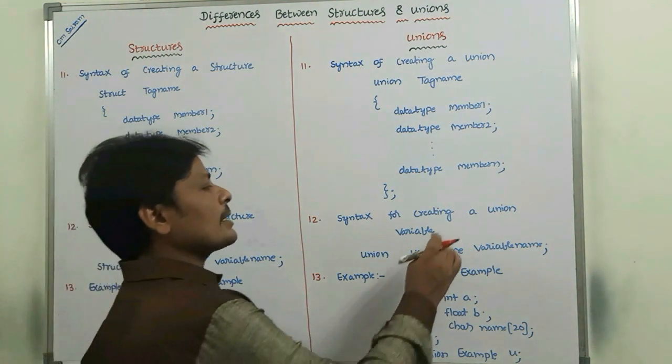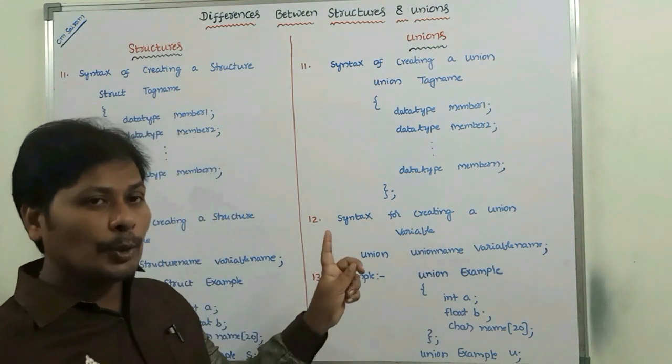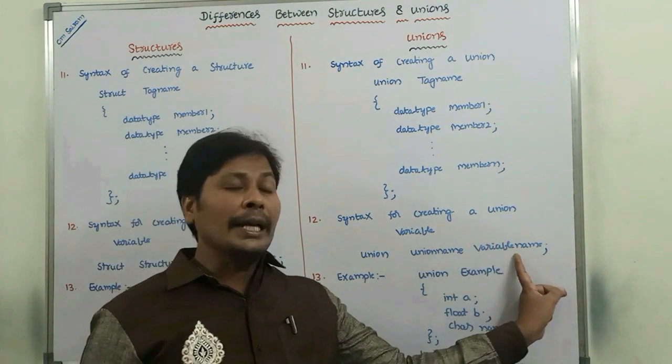Next, the syntax for creating a union variable is: union name, variable names.